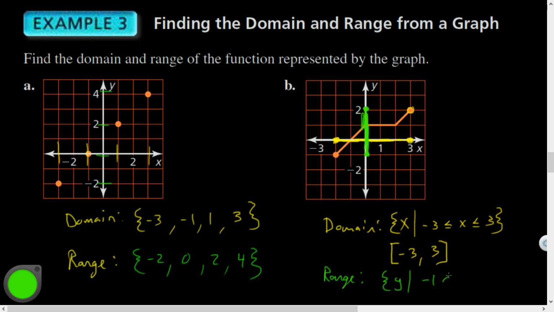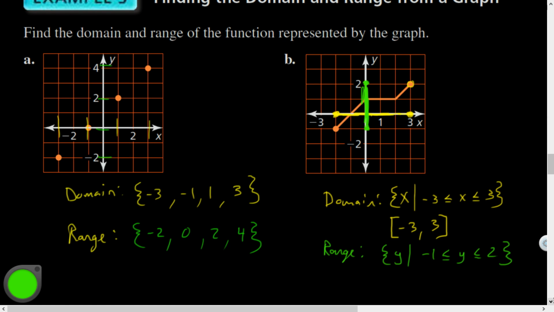So -1 is less than or equal to y is less than or equal to 2. Oh man, that was an ugly one. There we go. Or if I wanted to use the bracket notation, I could have said from -1 to 2.